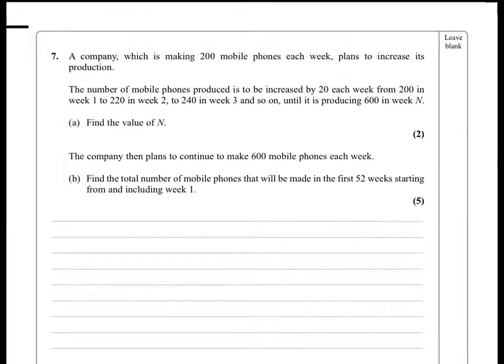Question 7. Bit of a wordy question, and it's a wordy arithmetic series. I'm hoping that you can recognise these quite a lot, because they happen nearly every question paper.